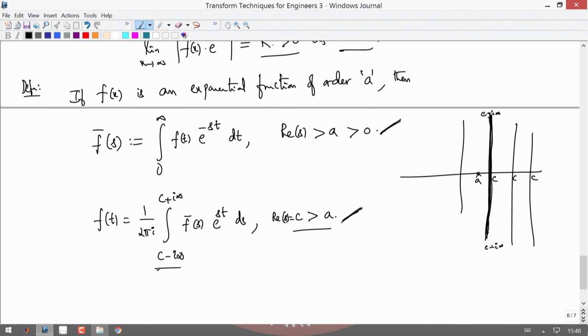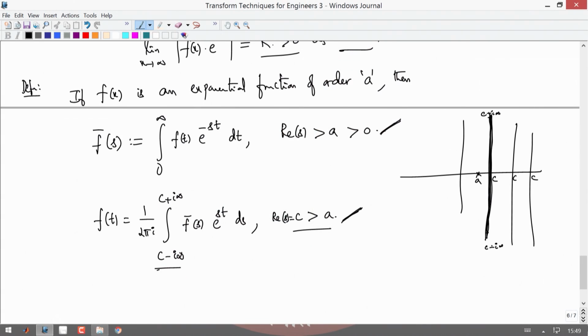That implies if you choose any such function of exponential order A, then you can define a Laplace transform and its inverse transform. In the inverse transform, s runs from C minus i infinity to C plus i infinity. What is that C? C has to be bigger than A, where C is the real part of s.